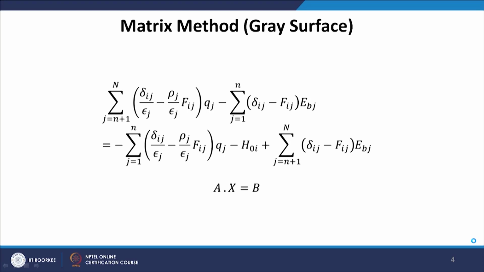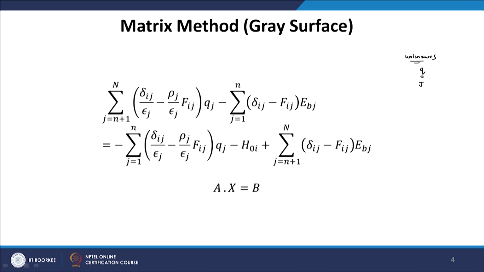Okay. For the grey surfaces, similarly we can write down the energy balance equation. The only difference between black surfaces and grey surfaces is that the unknowns contain the heat fluxes. For some surfaces the unknown may be heat flux, for other surfaces the radiosity may be unknown.